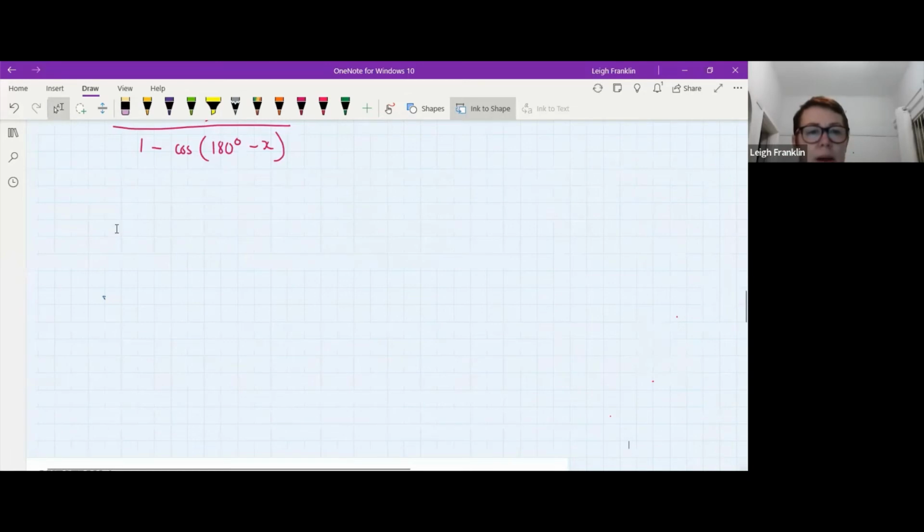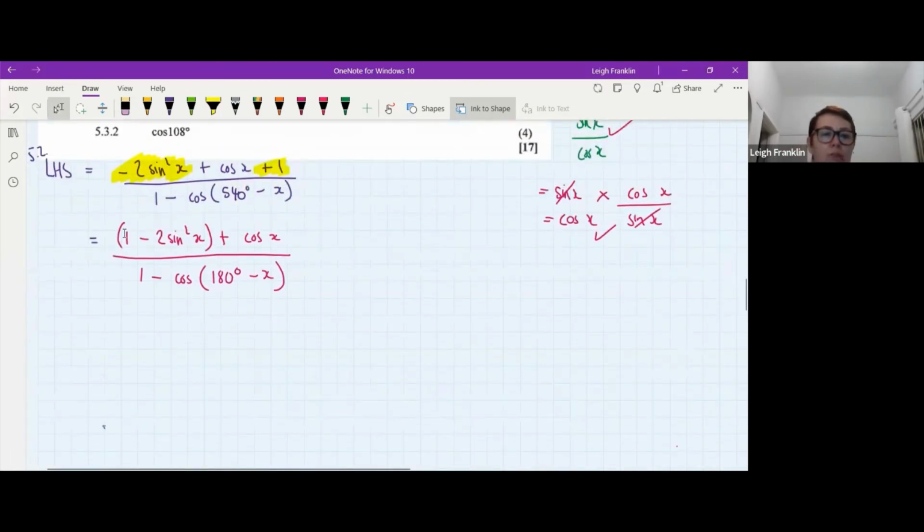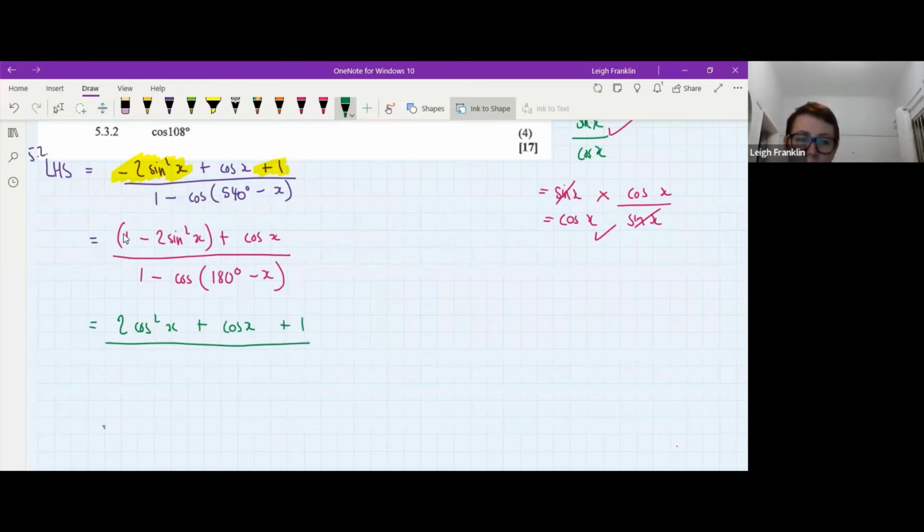Now going back up here, I'm going to go straight to writing it like this: 2 cos squared x minus 1 plus cos x plus 1. Does that make sense to everybody?